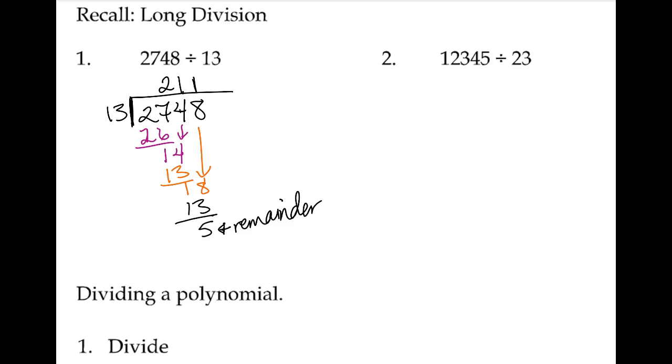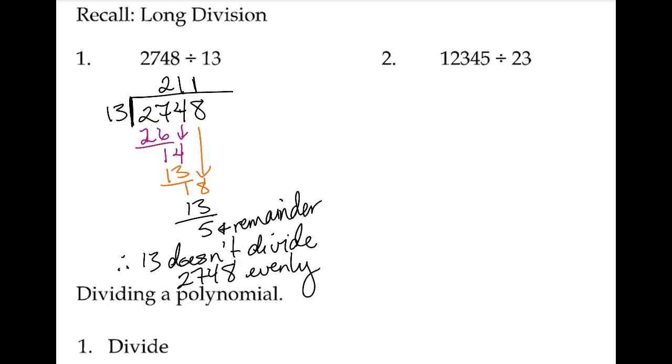This means that 13 does not divide evenly into 2,748, because I have that remainder. In order for it to divide evenly, we would expect this number at the end, when I reach that final digit, to be a 0.